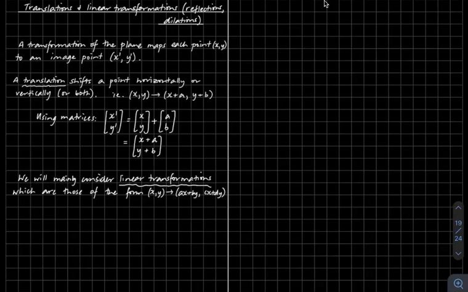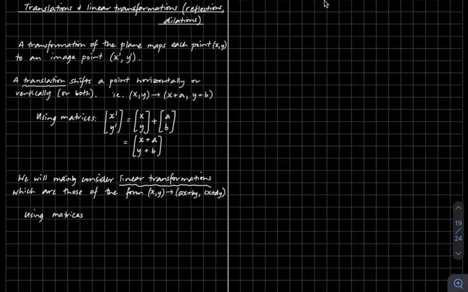So you can see that the image points are both linear equations in x and y. So using matrices, let's try and represent that and see why matrices are useful for producing these.